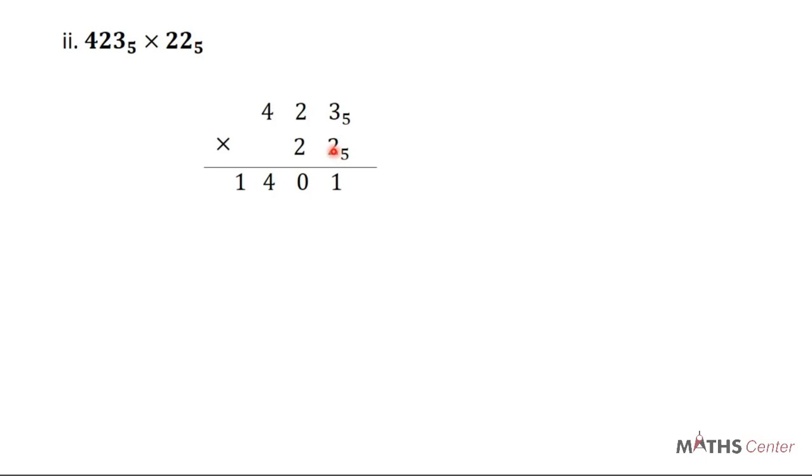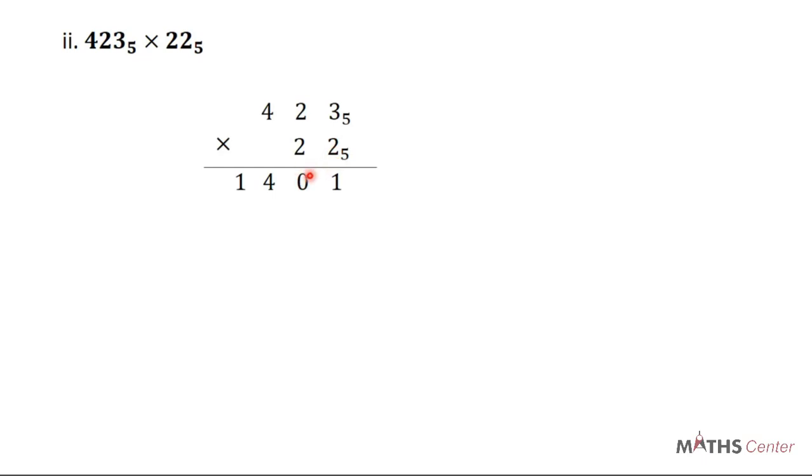So I'm going to go through it again. 2 times 3 will give us 6. 6 in base 5 is 1 remainder 1. So you write the remainder 1, then you carry the 1 forward to the side. But since we are doing multiplication, you first have to multiply before you add the remainder to it. So 2 times 2 will give us 4. We have a remainder 1, so you add that remainder 1 to it, it's going to give us 5. 5 in base 5 is 1 remainder 0.